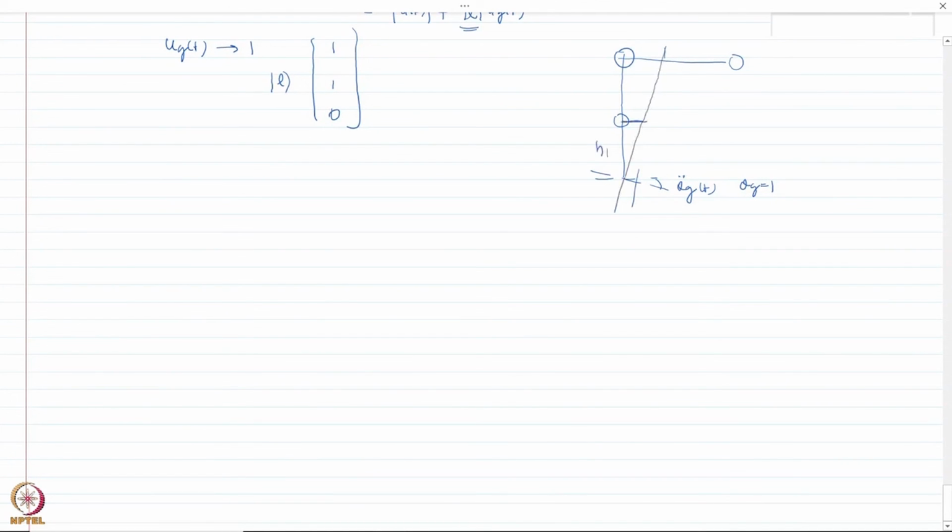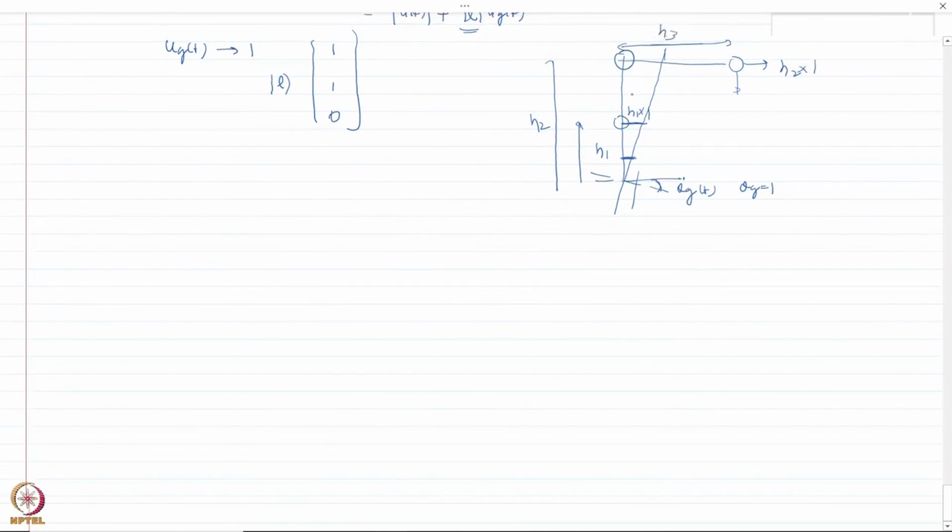So if this height is, let us say, h1, this would be 1 times h1. Remember, if this angle is 1 and this is 90 degrees, then this angle would also be unity. So this would be h1 times 1 along this degree of freedom. For u2 and u3, this would be whatever the height we consider, let us say h2 times 1 in this direction, and this would be whatever the length of this is, let us say h3.